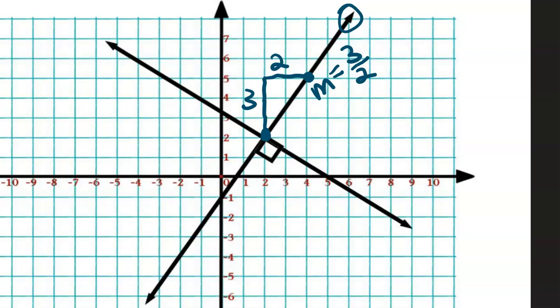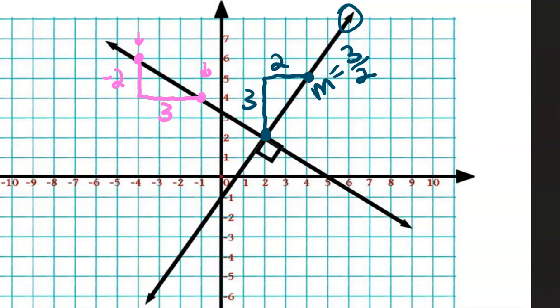Now let's take a look at our second line, our line that has a negative slope. Let's pick some other convenient points here. Why don't we pick this point here and this point here. Again, we want to figure out rise over run. To go from this top point to this bottom point, I have to go down 2, that's -2, and I have to go right 1, 2, 3. It's a positive 3.